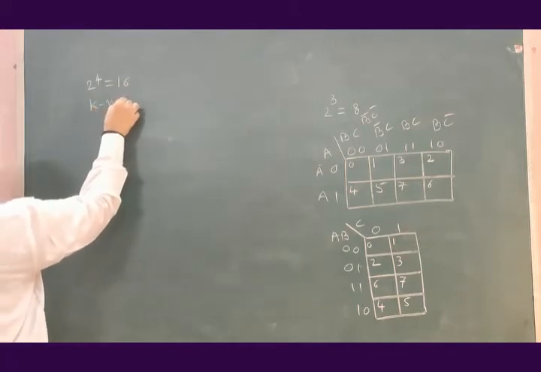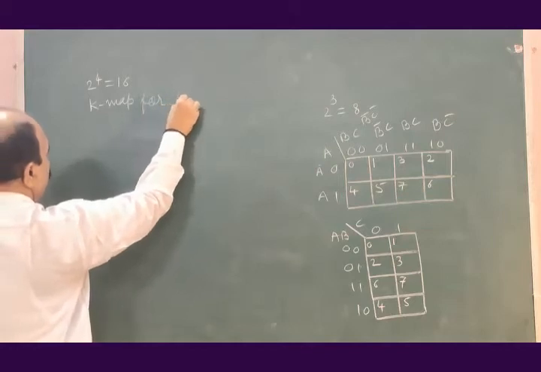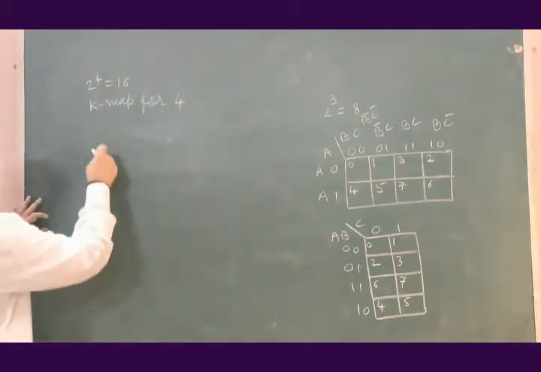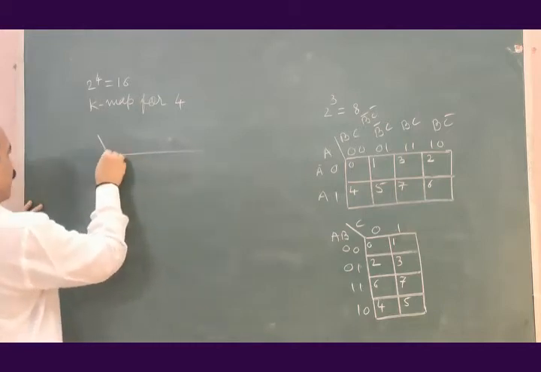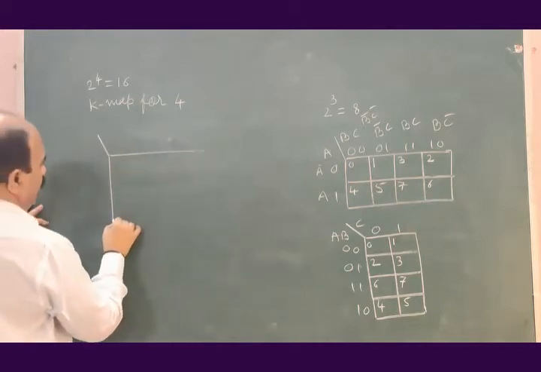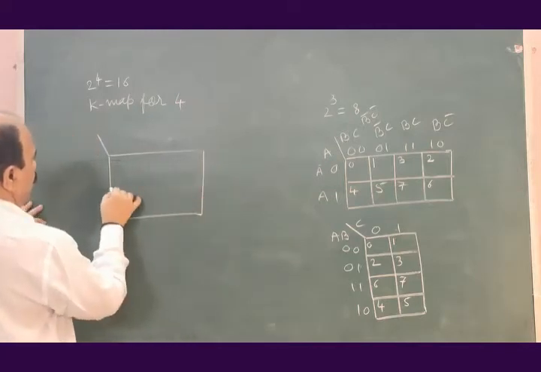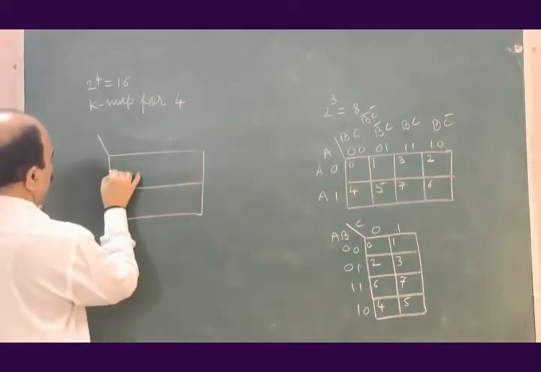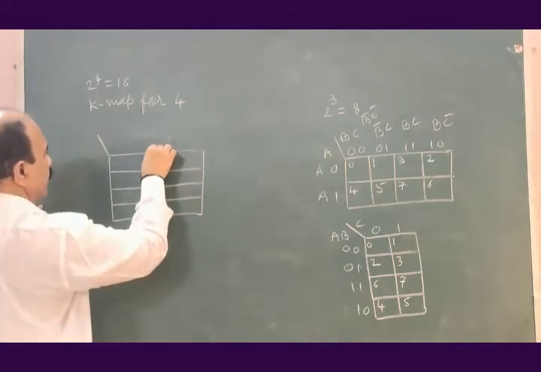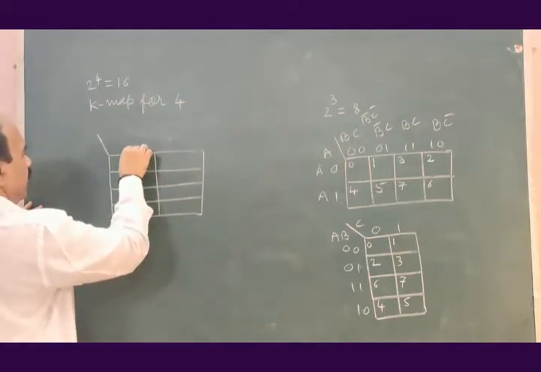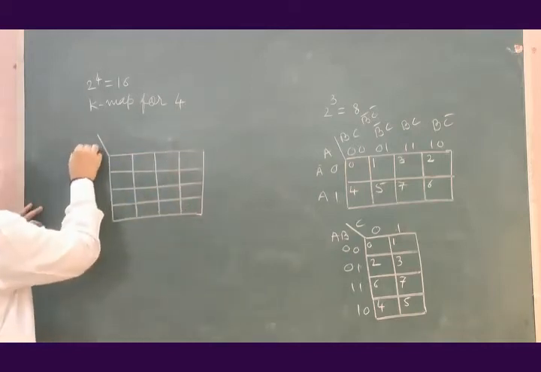So the K-map for four variables will have 16 cells.